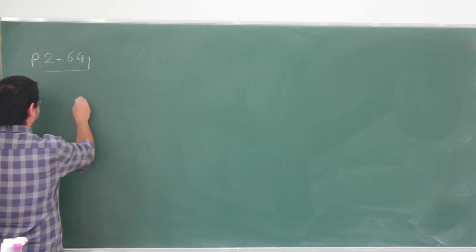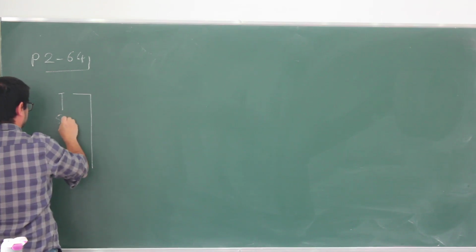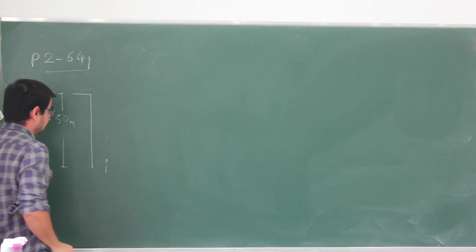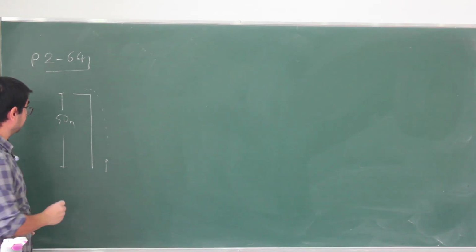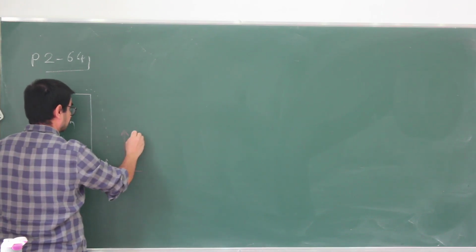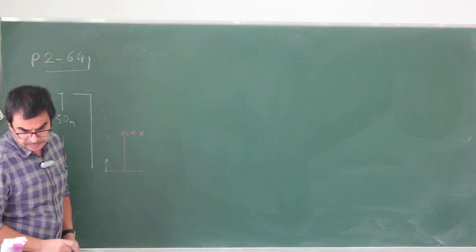Okay, so we have a cliff, 50 meters, and we throw something, and at the same time we throw something up. First things first, we have to choose a coordinate system, and I'm going to make the traditional choice. I'll choose ground as 0 and up as positive for my x-axis.